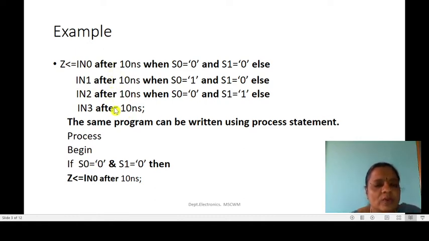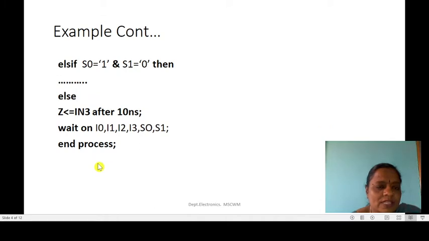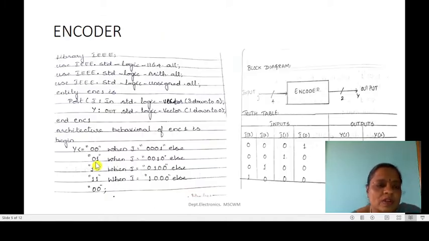If you want, you can write it using the process statement, which I have already told you. A conditional statement is nothing but the same as the if statement. So here I have written the program using the else if statement in the process. So this is about the conditional statement.